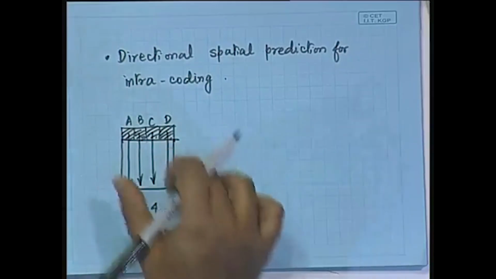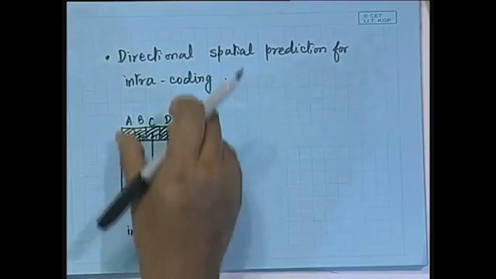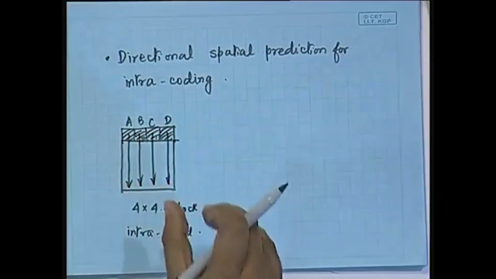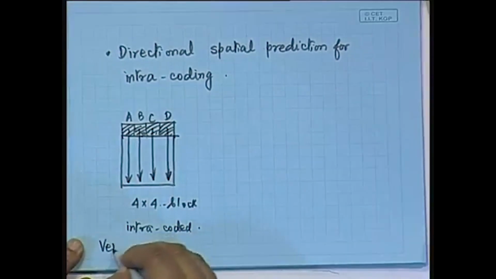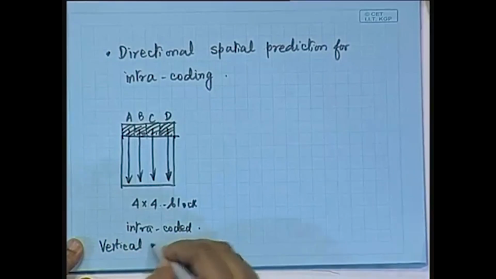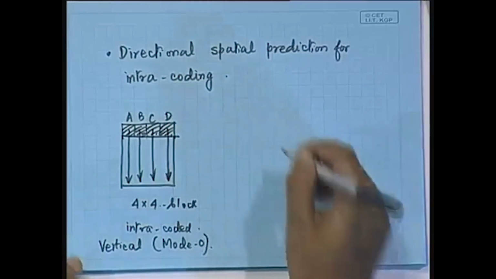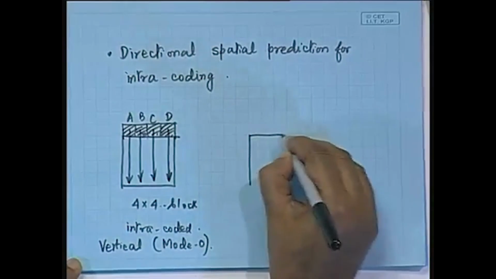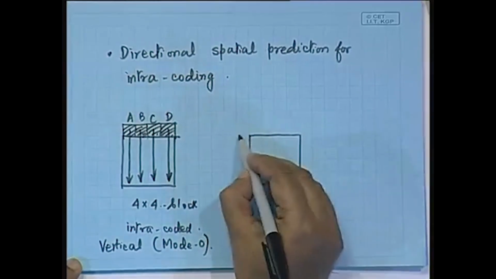In this case this is a vertical prediction. We are using the top pixels to predict this 4 by 4 block, and vertical prediction is called mode 0 prediction. Just like mode 0, one can do a horizontal prediction also. How?